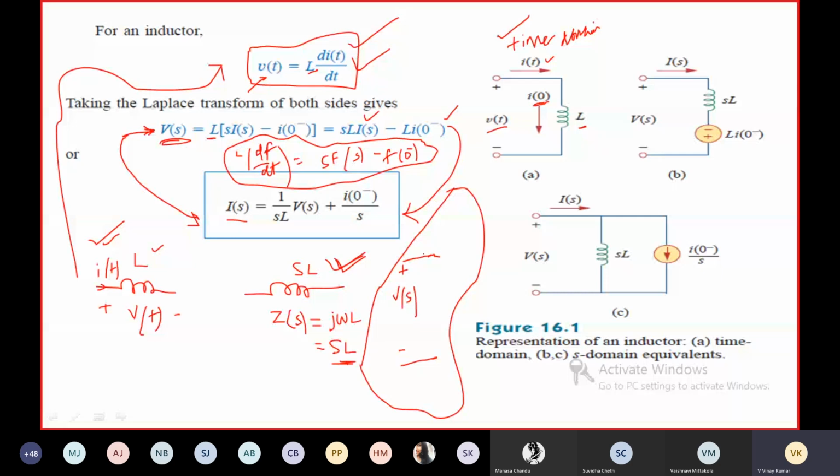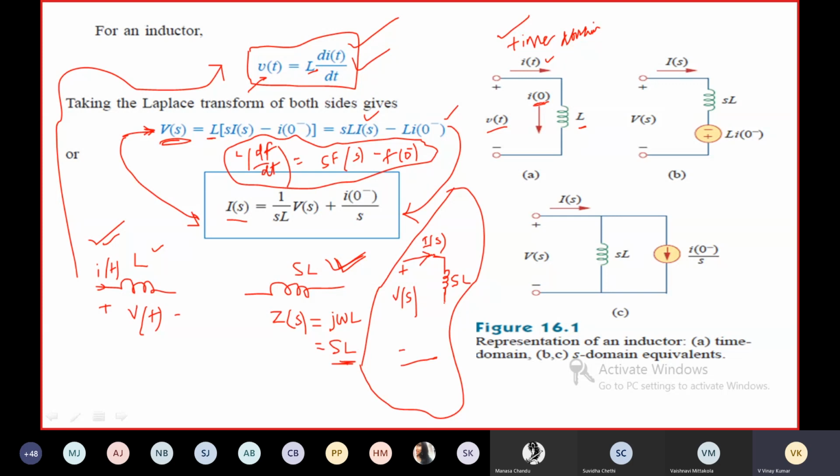I(s) is the current flowing through the element. I(s) times sL, where sL is the inductor impedance. So it is I(s) into sL.